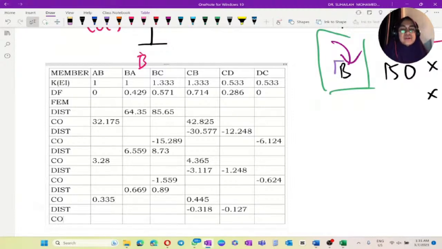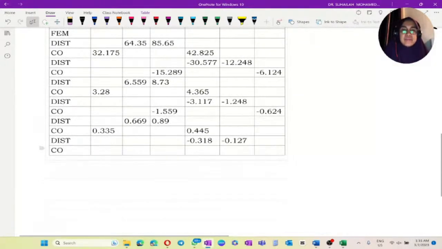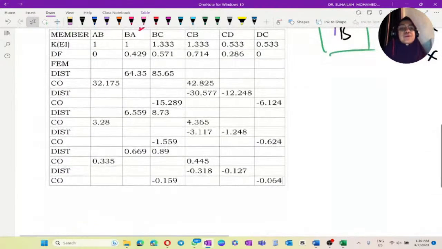Carry over: negative 0.318 divided by 2 is 0.159, and 0.127 divided by 2 is negative 0.064.